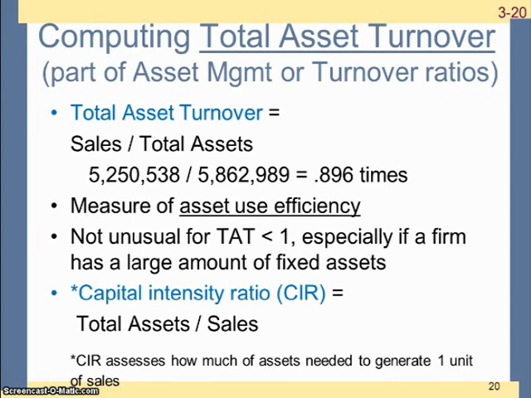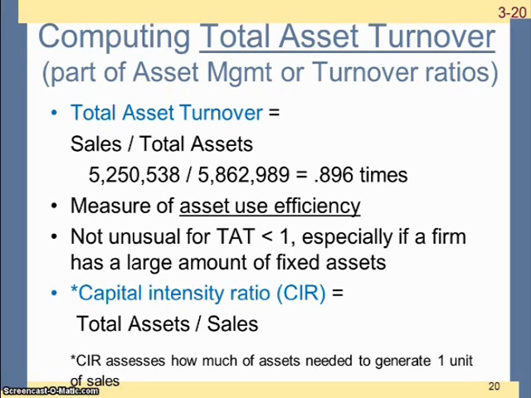What if the total asset turnover is excellent as compared to historical data for the firm and to industry data? That means your firm is utilizing all its assets efficiently to generate sales, and that is a very good thing.